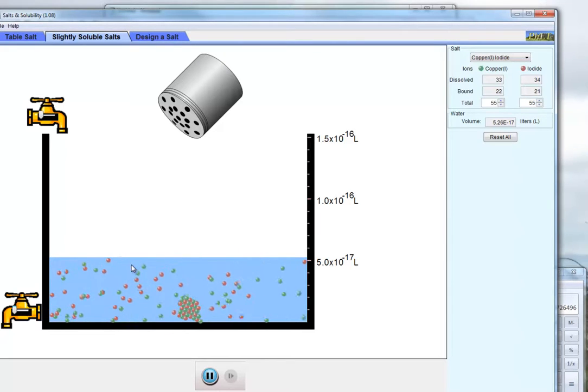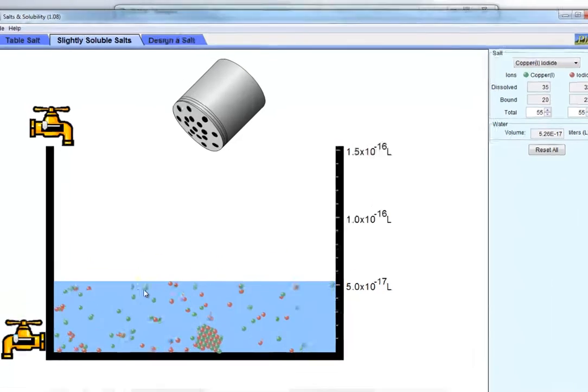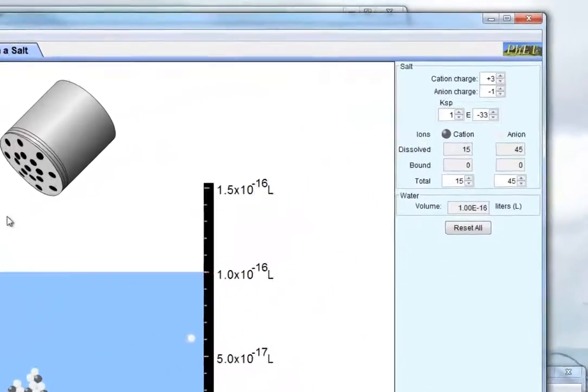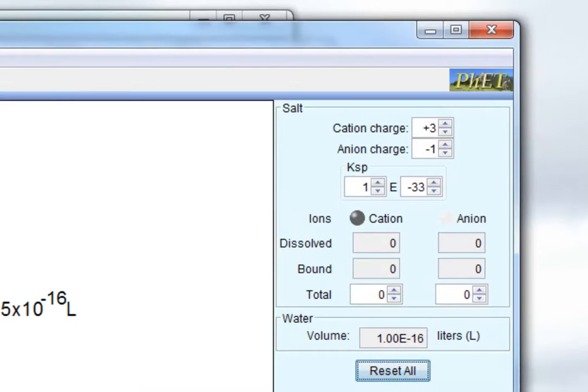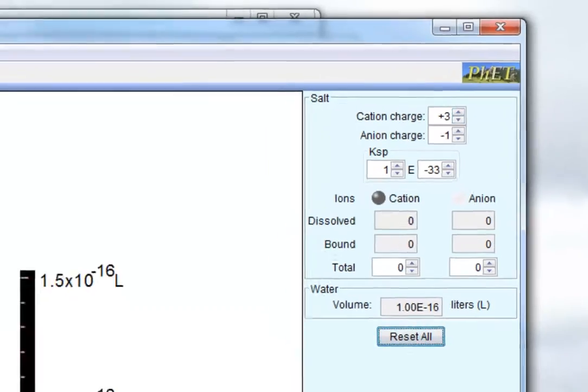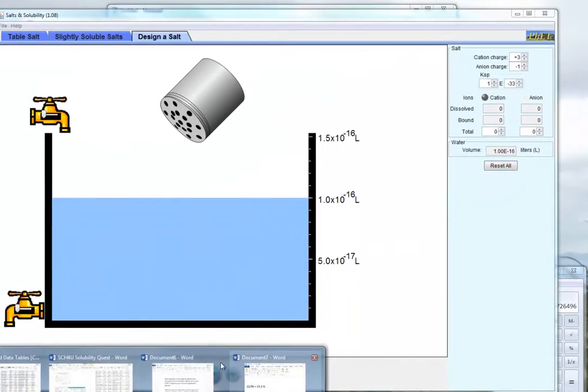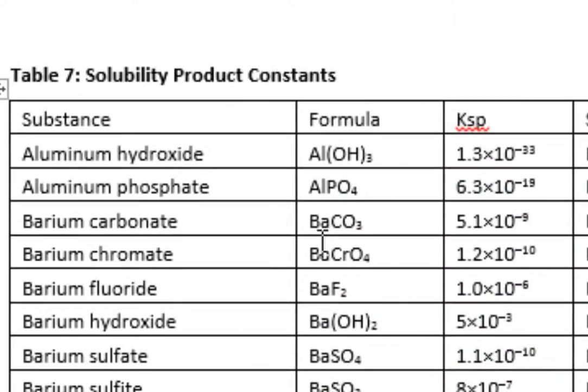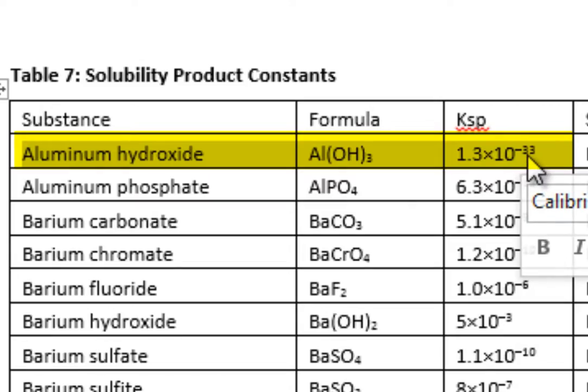So what we should be able to do then is take a look at an example of something which is ridiculously not soluble. So I'm going to switch over to the Design a Salt section here, and I'll reset everything, and I'll pick a number. I'll actually model right here something that I know is really not very soluble, and I know that aluminum hydroxide has a 10 to the minus 33 Ksp.